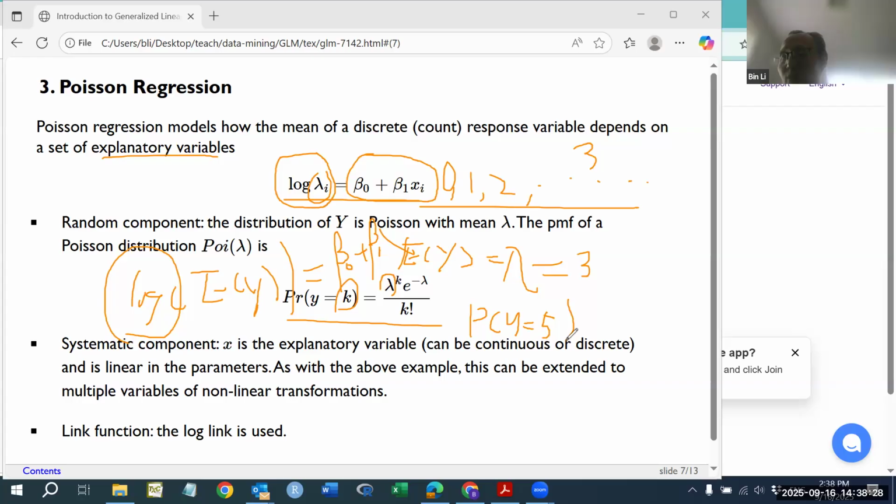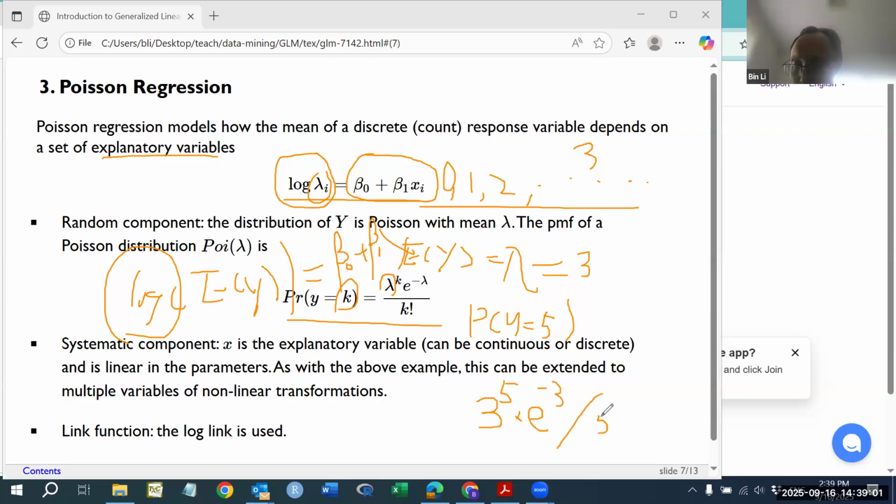So if we assume this follows a Poisson distribution, then we have the expected number of accidents, which is 3 to the power of what? So what is the chance of having 5, right? So it's 3 to the power of 5 times the exponential function to the power of -3, then divided by k factorial. K here is 5, right?